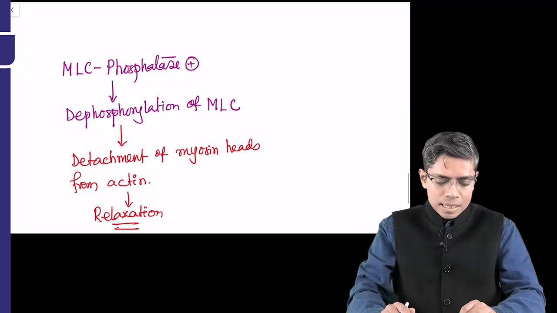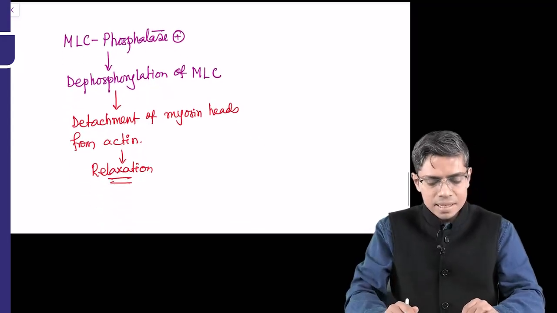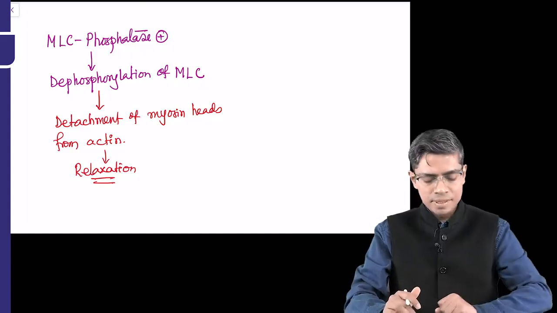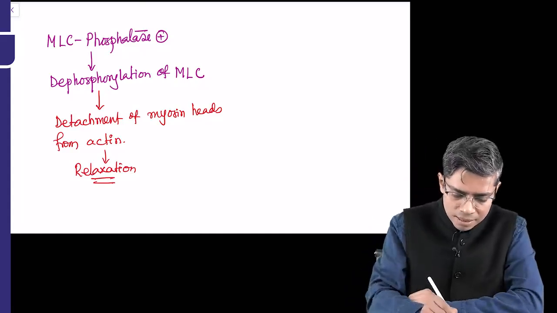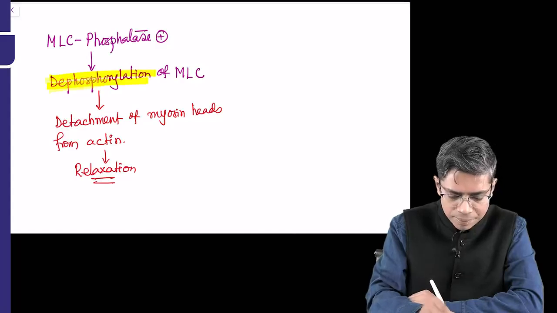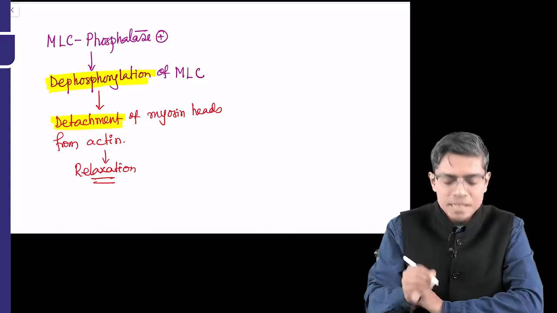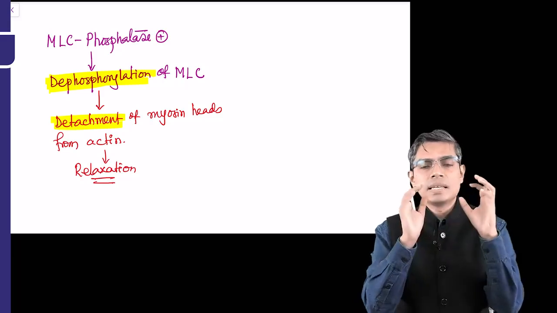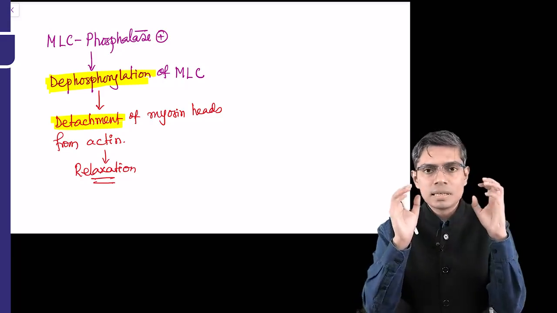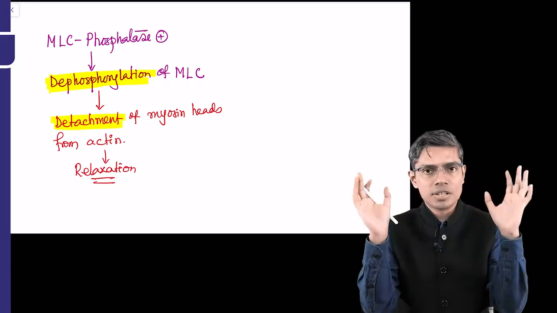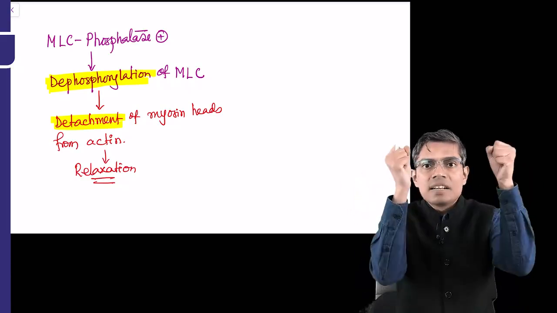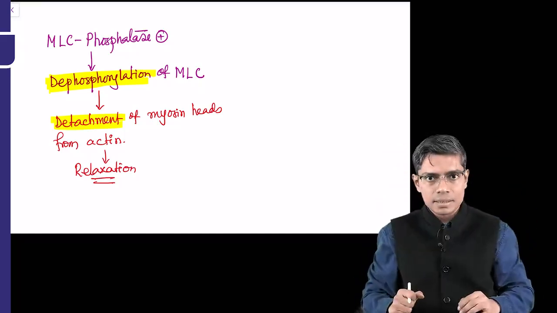Now, in certain smooth muscle, there is a very peculiar property. So we have just seen that dephosphorylation is causing detachment, but in certain smooth muscle, even after dephosphorylation, the myosin head remains attached with actin, right?